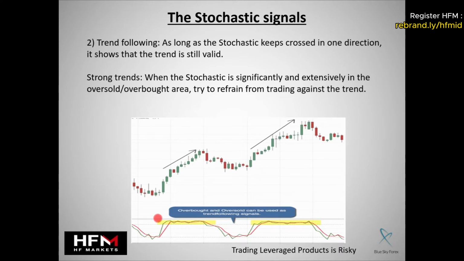So like you see here in the image, the stochastics can be in an overbought or oversold state for quite a bit of time without even leaving this threshold. Okay, so the overbought oversold indicators can linger around, rapidly going up and down within that overbought or oversold threshold.